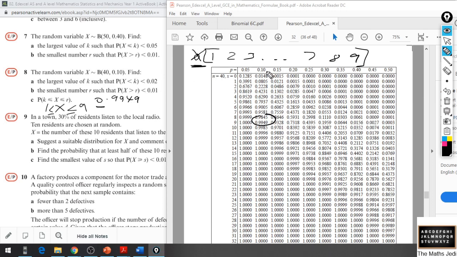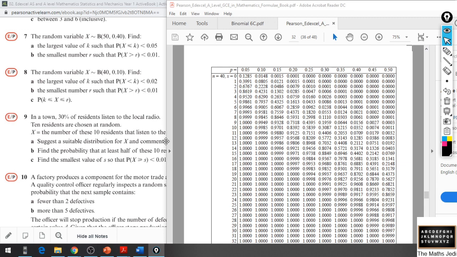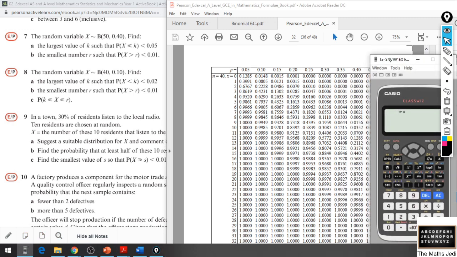And we're going to take away the value of 0, because that one's excluded from our range. That leaves all the other probabilities in the range, and that one was 0.0148. So 0.9949 take away 0.0148. I'm just going to get the calculator up to show you what that makes. So here is my calculator.